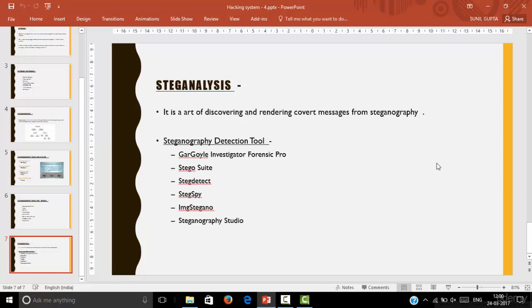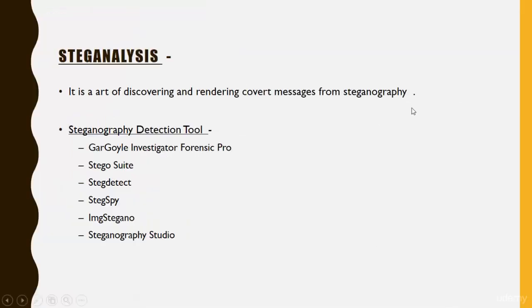There are also some detection tools for steganography like Gargoyle Investigator Forensic Pro, StegoSuite, StegDetect, StegSpy, Image Steganography, Steganography Studio, and more. These are the tools for steganalysis, and the main one is Gargoyle Investigator Forensic Pro. This tool is very important for you because it can detect that there is steganography behind a document.